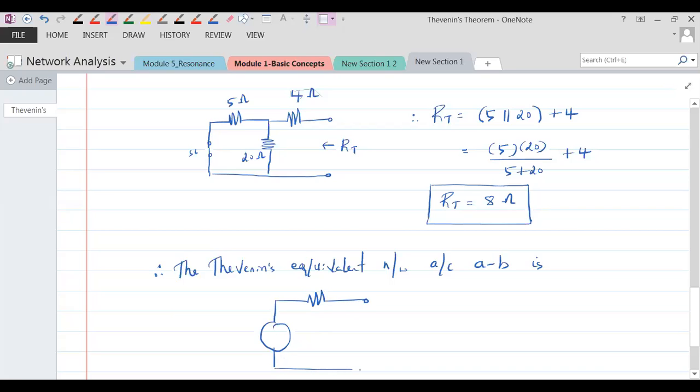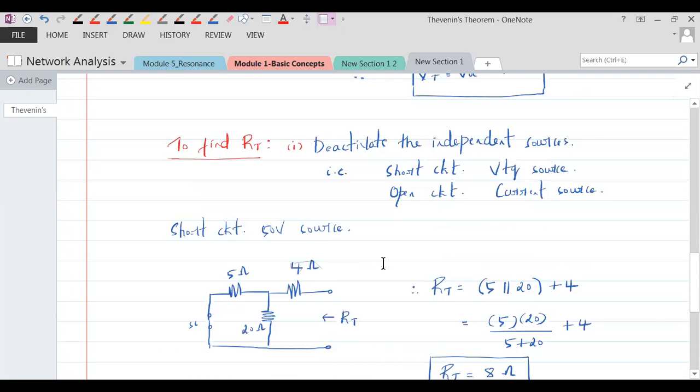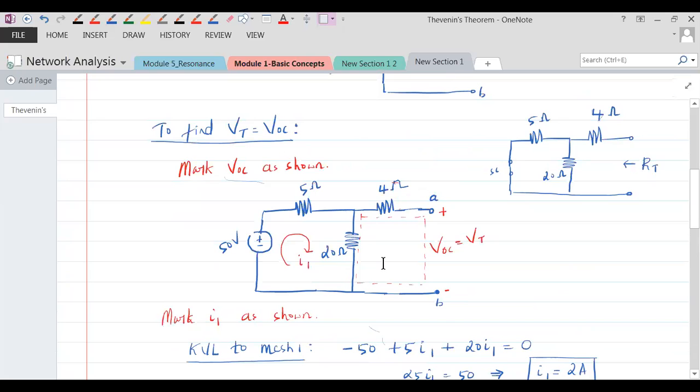Is this? You have to write the values. Okay. So this we have obtained as 8 ohms. And this we have obtained as 40 volts. Is this okay with you, everybody? Is this fine? I'll just repeat what we have done.